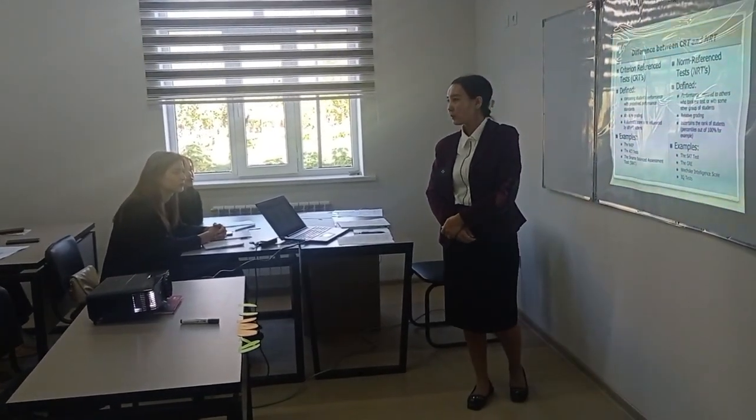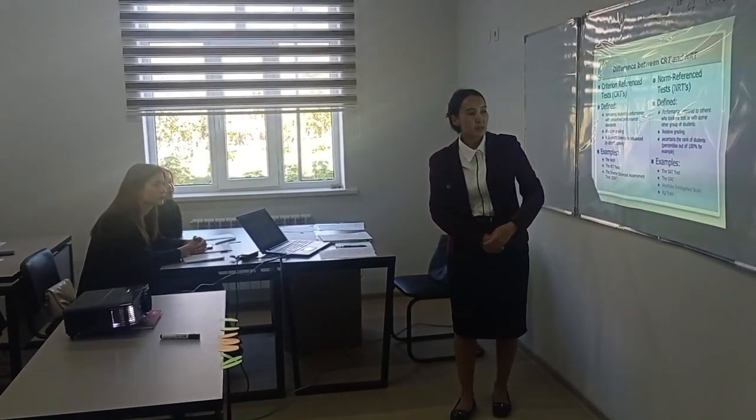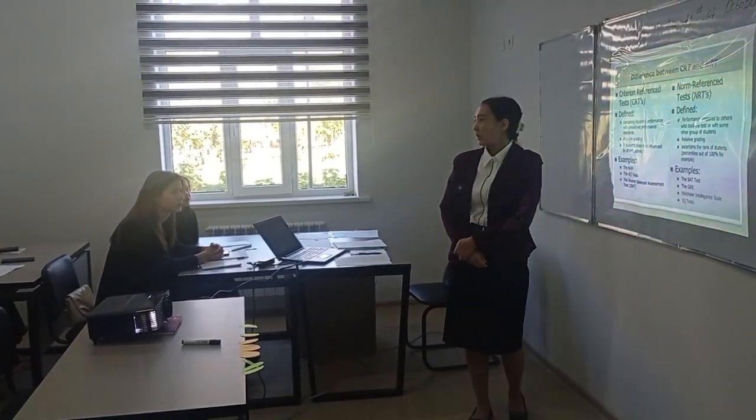Is it clear? And here also given examples for criterion-referenced assessment, such as the NAEP, the ECT tests, and etc. And for norm-referenced assessment are given tests such as the SAT, the GRE or Graduate Record Examination. These tests show a percentile rank. That's why they are considered norm-referenced assessment.